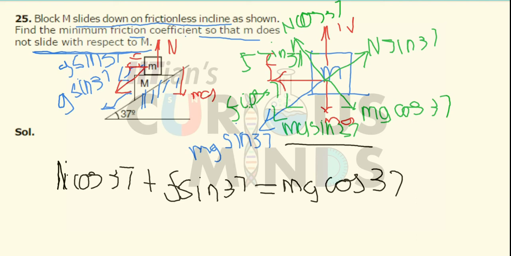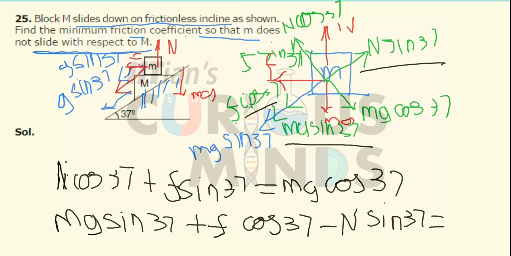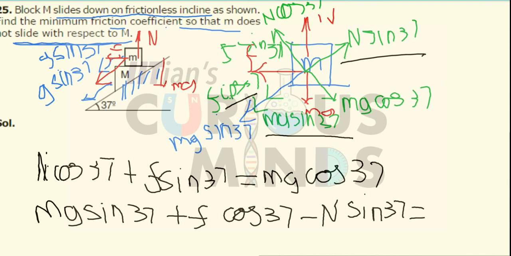mg sine 37 acts in this direction, f cos 37 acts in this direction, n sine 37 acts in the opposite direction. So mg sine 37 plus f cos 37 minus n sine 37 will be equal to what is the resultant force?